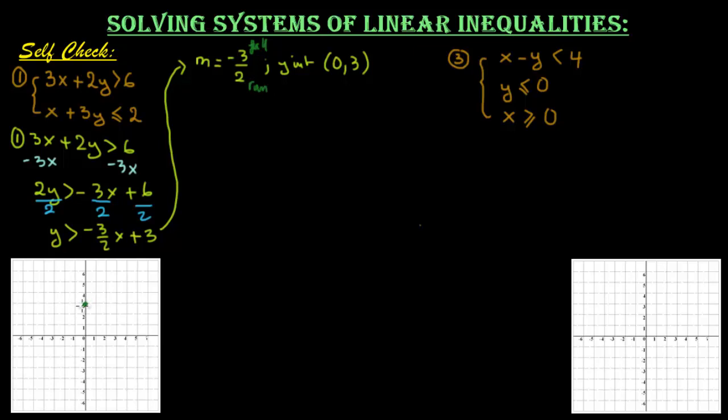From the y-intercept, we go down 3 units, 1, 2, 3, and over 2, 1, 2. Here's my second point. Keep going, down 3 and over 2, and that is my third point. Now we draw the line, connecting the 3 points. Since we have greater than without the equal sign, I have to use a dashed line to connect all the dots together.